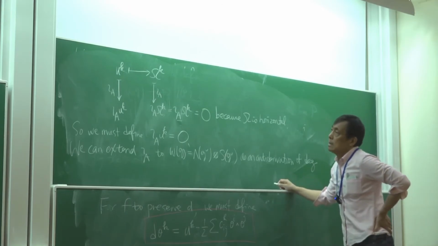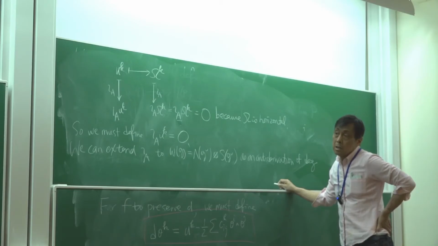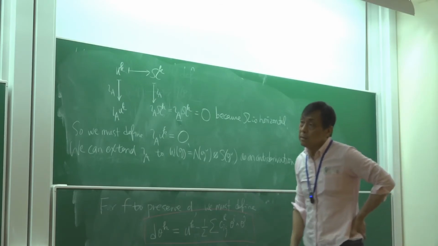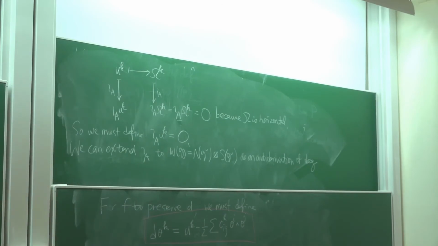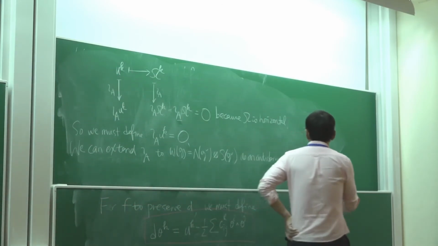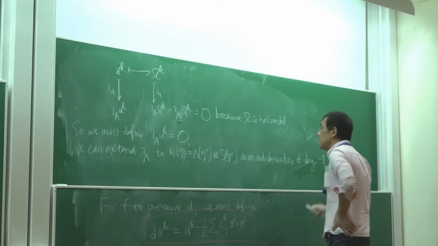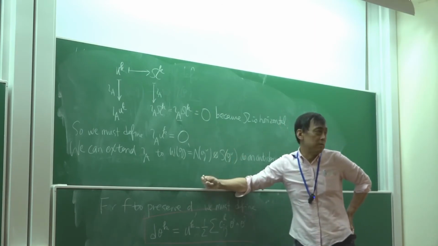And IA is going to lower the degree by 1, right? Because it takes a 1 form to a constant. Here it takes a 2 form to 0. With 0, it could have any degree.